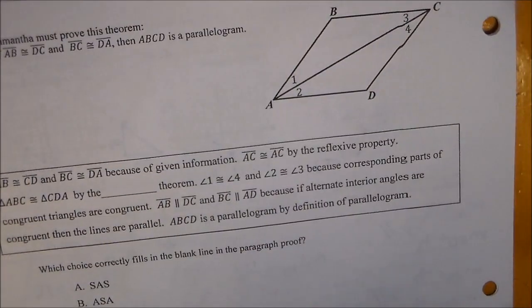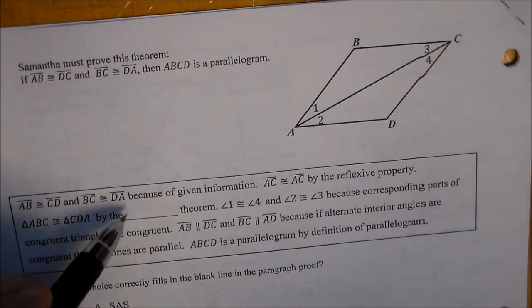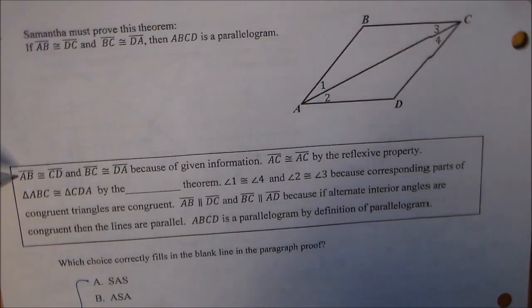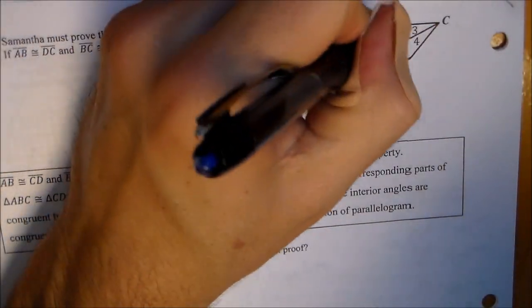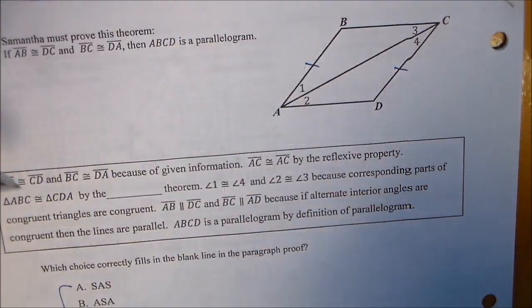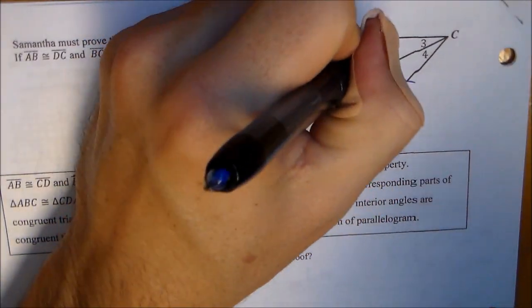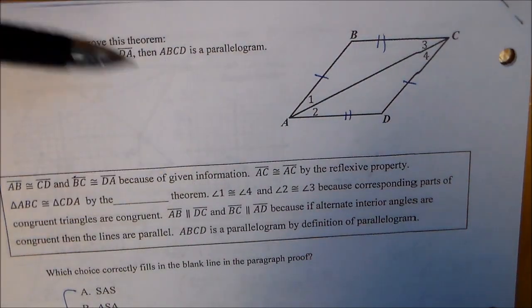For our last problem, we have a proof, and we just need to fill in the blank here to which statement works. And if we notice, it's a lot of triangle congruence, what we did in the previous unit. So we were given that AB is congruent to CD, so let's mark those, and BC is congruent to DA, because of given information.